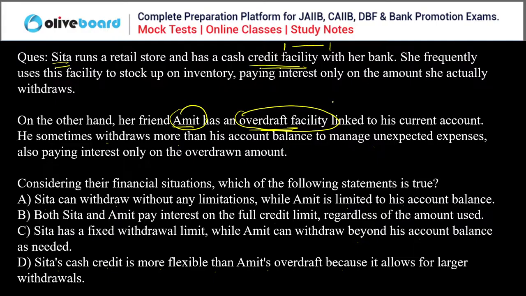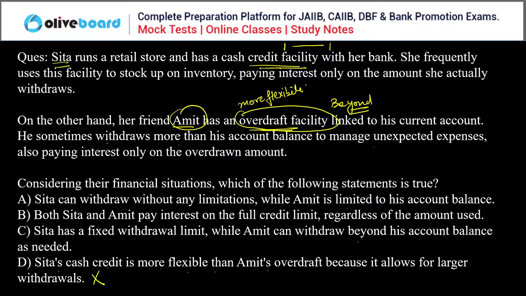Overdraft means you can withdraw beyond your account balance. There is no certain limit specified by the bank. So obviously, the overdraft facility is more flexible compared to the cash credit facility, and cash credit is less flexible. So when we are talking about D, Sita's cash credit is more flexible.